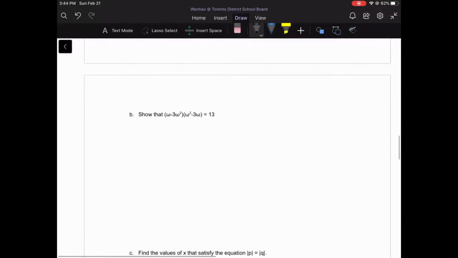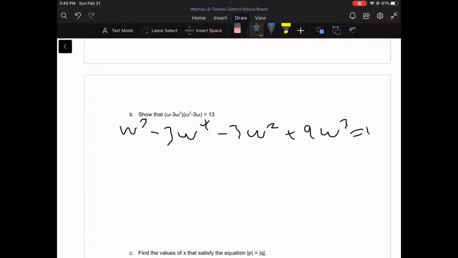Alright, part B. Show that (omega minus 3 omega squared) times (omega squared minus 3 omega) is equal to 13. Alright, so first we expand: omega cubed minus 3 omega to the 4 minus 3 omega squared plus 9 omega cubed is equal to 13.